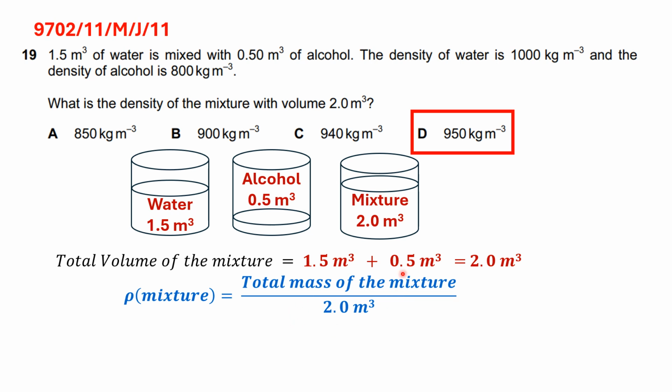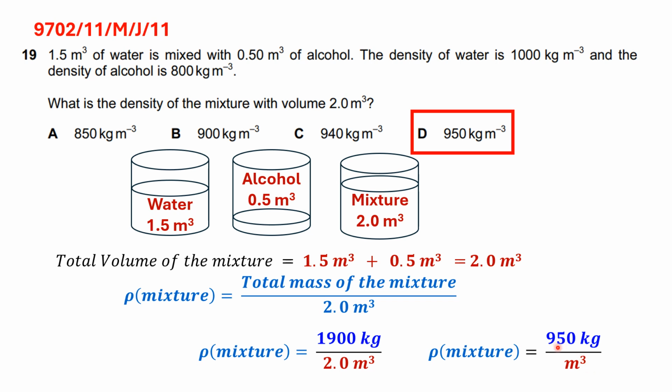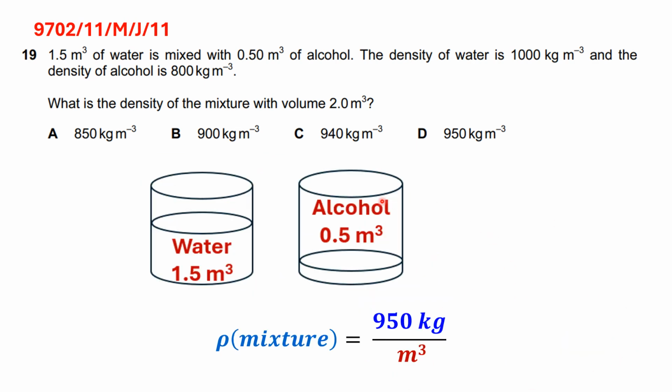Now back to our original formula. The total mass of the mixture is 1,900 kilograms, and the result of this is 950 kilograms per cubic meter. So this is the density of the mixture. So the correct option is D.